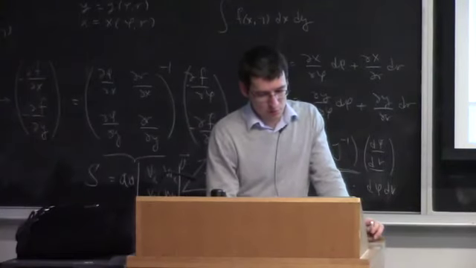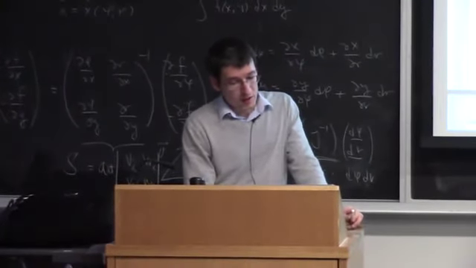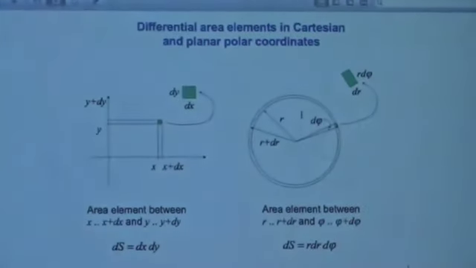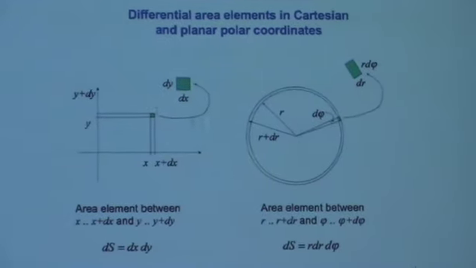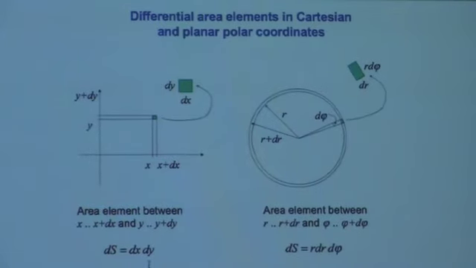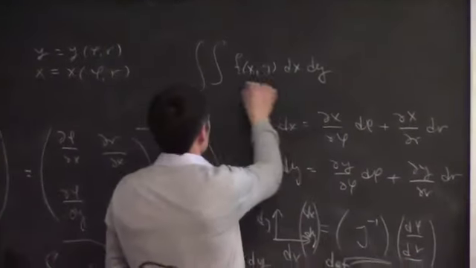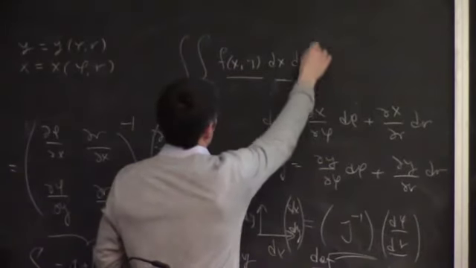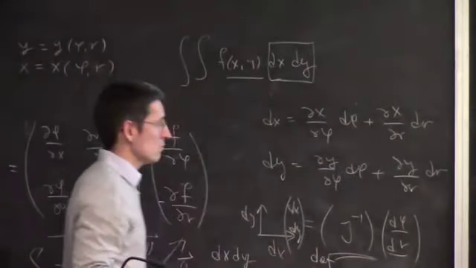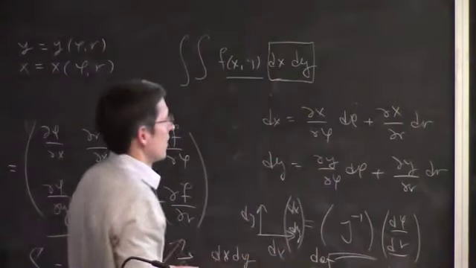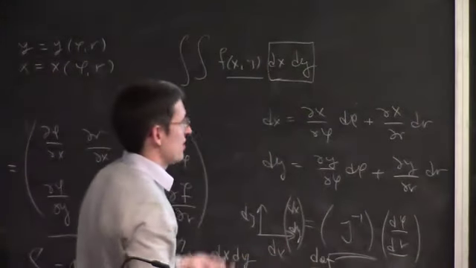We discussed this at some point, but with these pictures I think it will be useful to remember that if we take an integral of some function in Cartesian coordinates, there is a function and there is an element of space, an infinitesimal element, dx times dy.